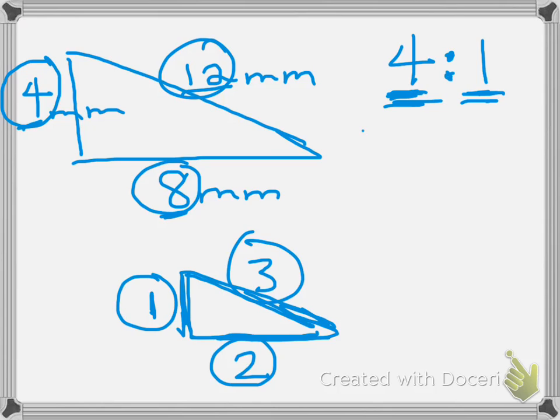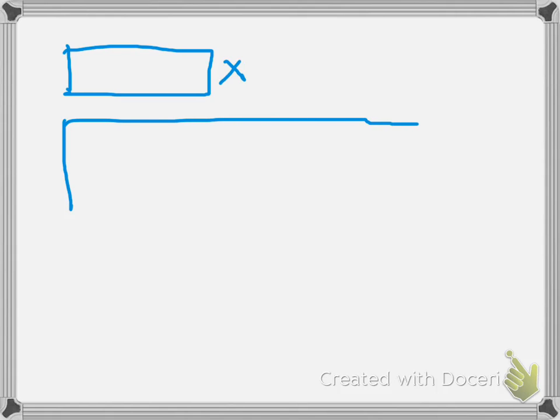Now, let's look at the example on the top of page 70. And there we have two rectangles. One of them is a small rectangle. One of them is a larger rectangle. So you have the small one. And they say this side is X. And then you have this larger rectangle, which is supposed to be the same shape.